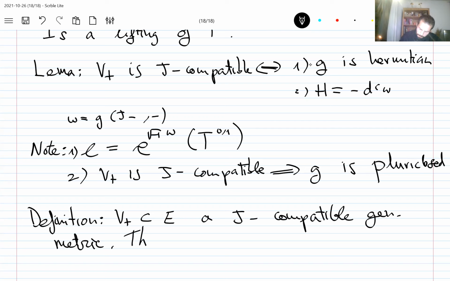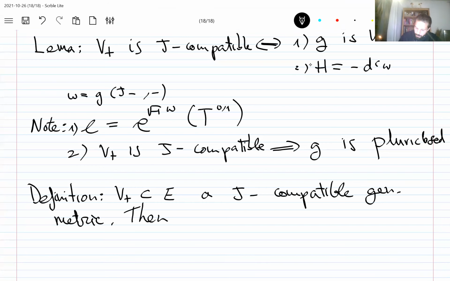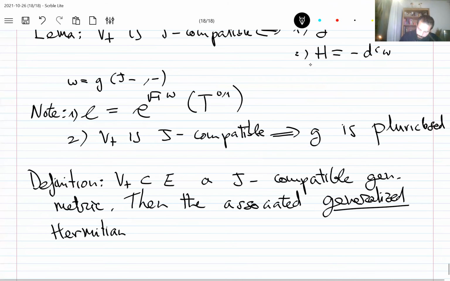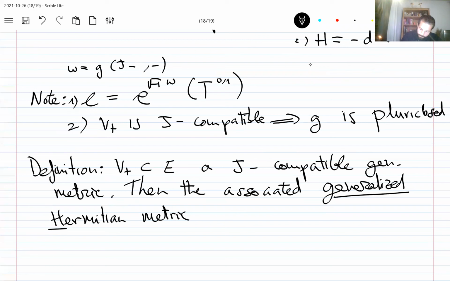Then the associated generalized Hermitian metric on Q_L, because B plus is J compatible, it determines a splitting.